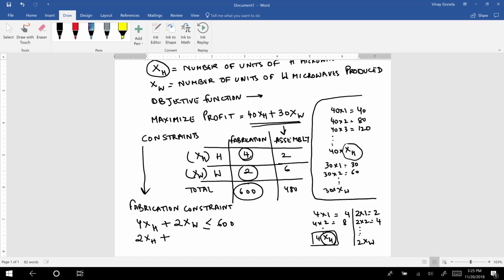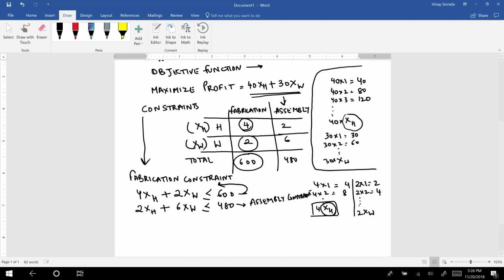And then the time taken to produce XW of W microwaves is 6 times XW. So this should be less than or equal to 480 hours. So this is the fabrication constraint, and this is the assembly constraint.